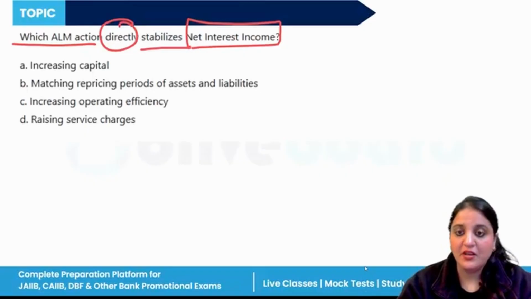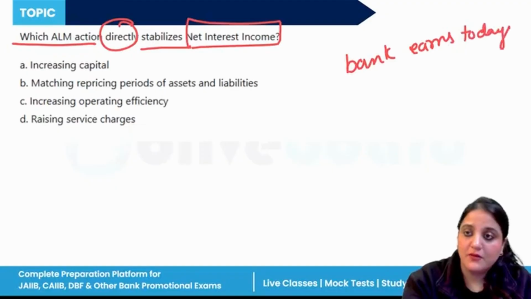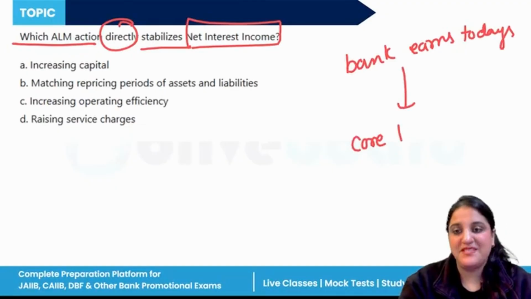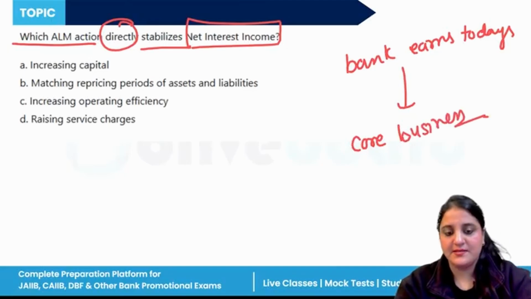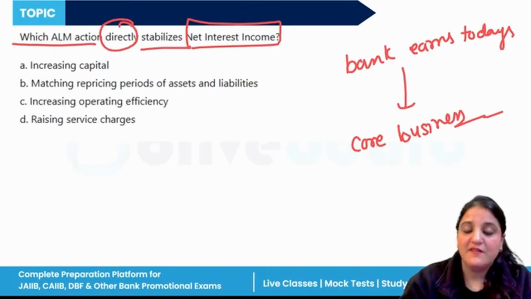NII measures what the bank earns today from its core business or core activities, right? So, what is the NII formula?